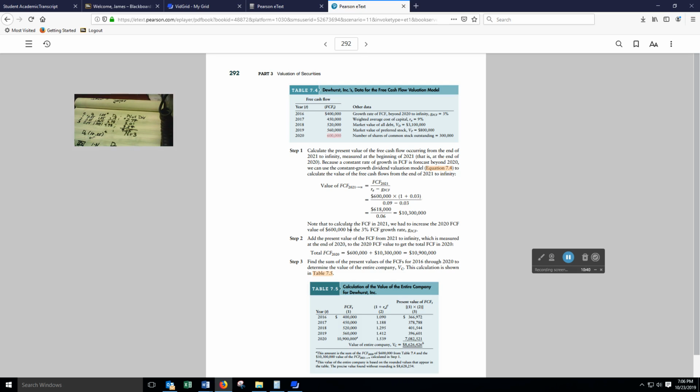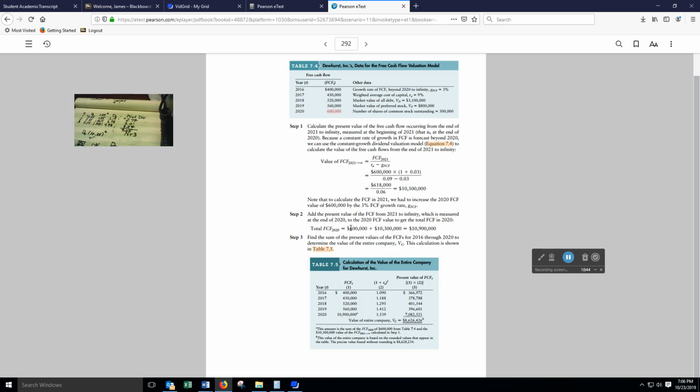So the next step we will need to do is calculate the present value of those free cash flows. Now, one thing to remember here is that this value is the value of those free cash flows in the year 2020.